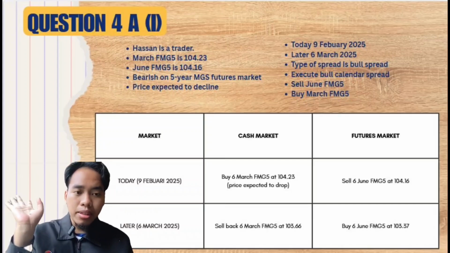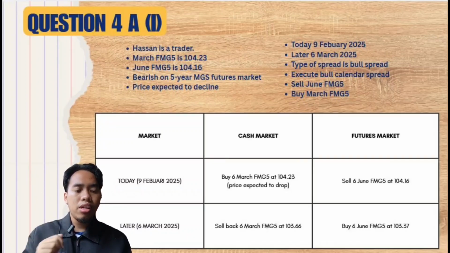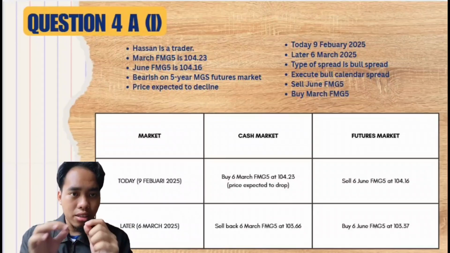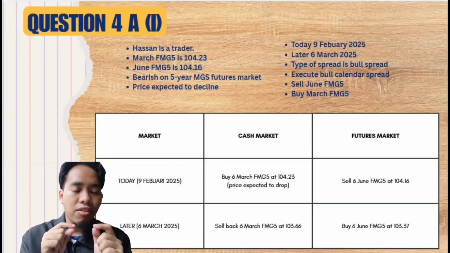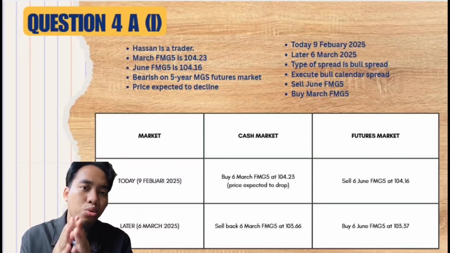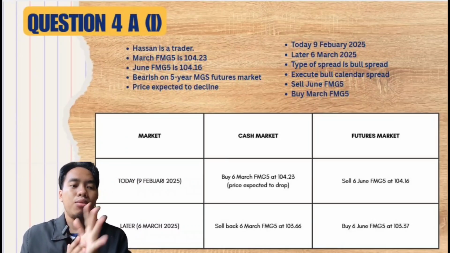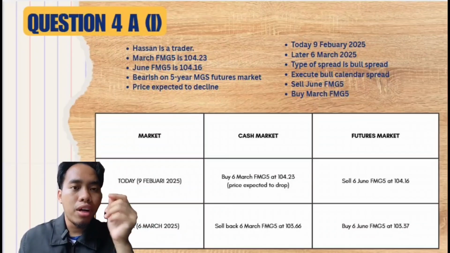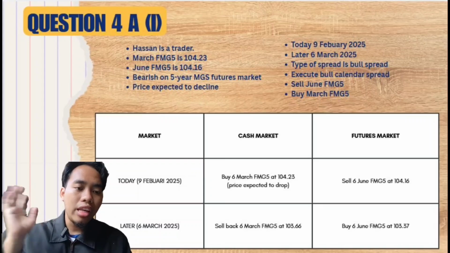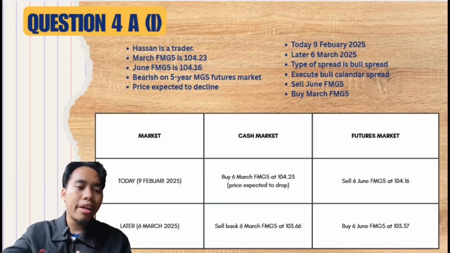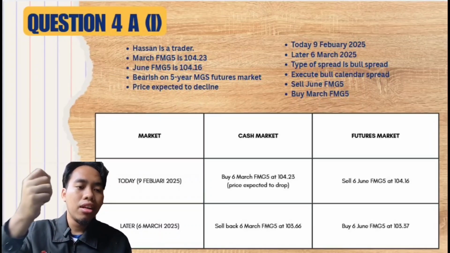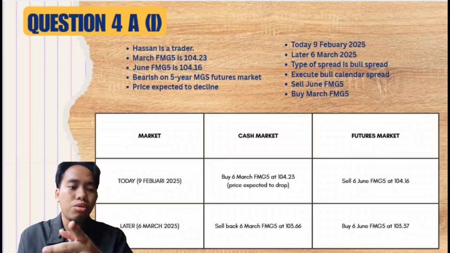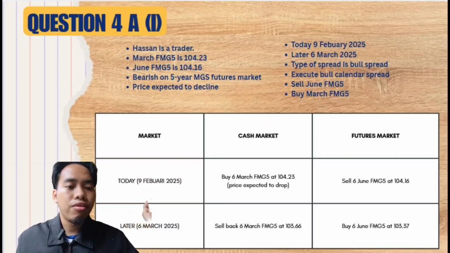The constructed table here shows that we buy 6 contracts of March FMG5 at 104.23 index points, and sell 6 June FMG5 at 104.16. Then on 6 March we sell back the 6 contracts that we bought for March FMG5, and buy back the 6 June that we sold on 9 February.